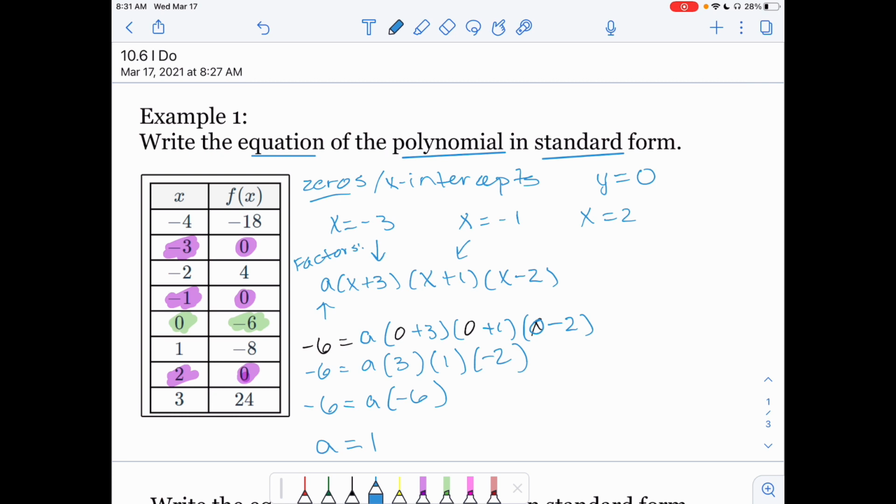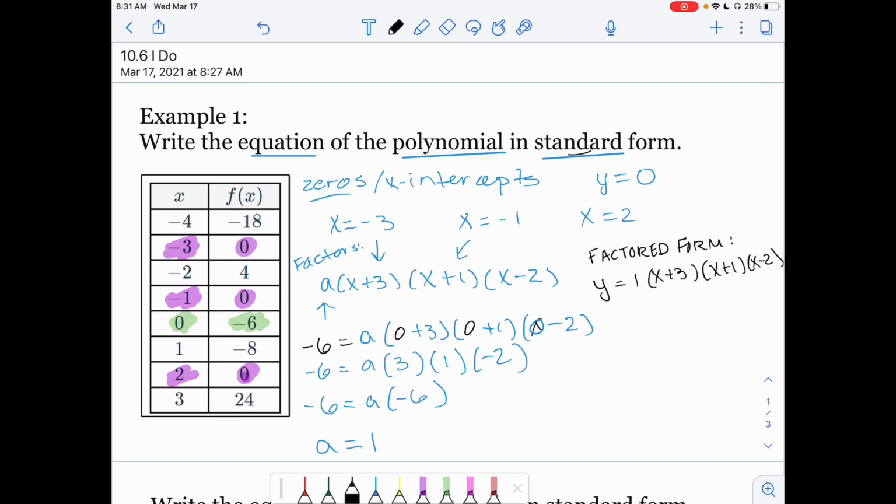Nice. In this case, our leading coefficient is a +1. Sometimes it'll be like that and sometimes it won't. So our factored form of our equation is y equals 1 times x plus 3 times x plus 1 times x minus 2.